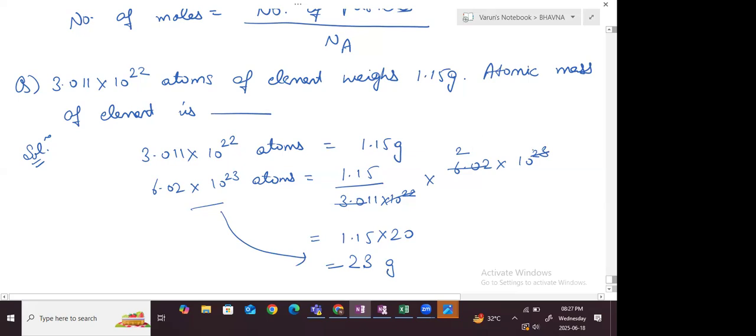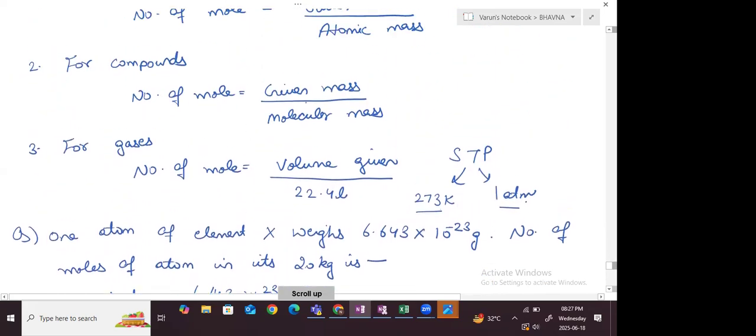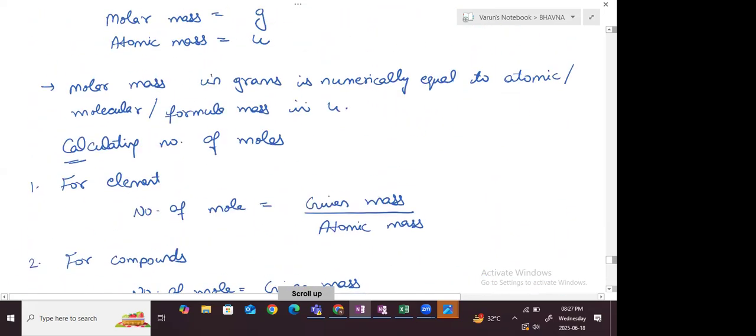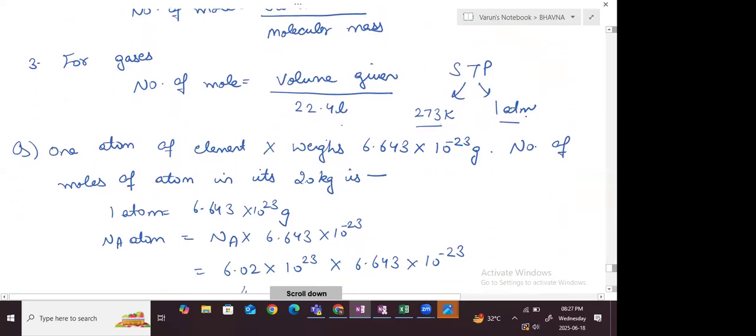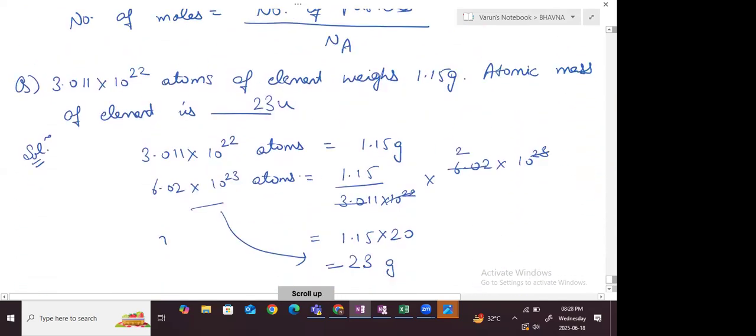But I have to find the atomic mass of an element, so I will write it as 23 U. You can see that here I have written a value statement that molar mass in grams is numerically equal to atomic mass, molecular mass, formula mass in U. So whatever value of molar mass I am getting, I will represent it with the unit U. Molar mass is for 1 mole, so if these atoms weigh this, 1 mole of atoms will weigh 23 grams.